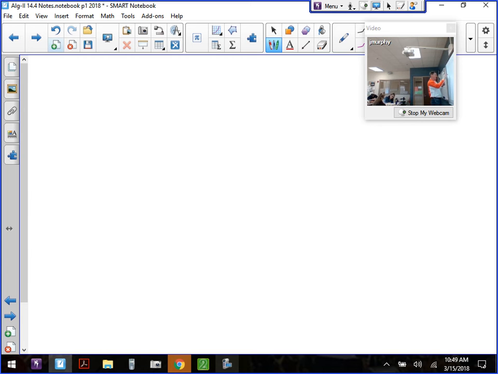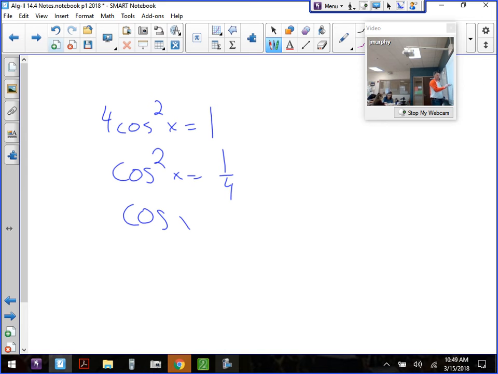So 16, you've got 4 cosine squared x equals 1, which means all you have to do is divide by 4. And like I was just telling Maggie here, whenever you take a square root, you have to do plus minus on the other side. A lot of times you guys will forget that. So you're going to get cosine of x equals plus or minus 1/2.